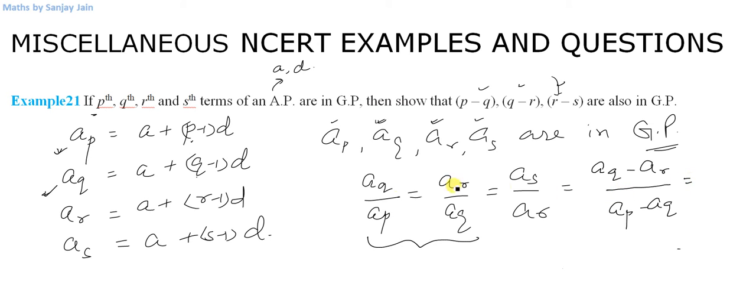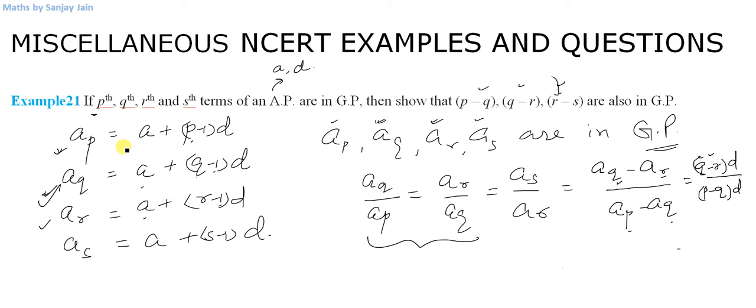And what is it equal to? aq minus ar. If I subtract ar from aq, a will get cancelled, and from here this minus 1 will get cancelled. I will be left with (q minus r) into d. Similarly, you can check that in the denominator you will have (p minus q) into d. How did I write it? I saw that q minus r, so by symmetry I said p minus q will be here.